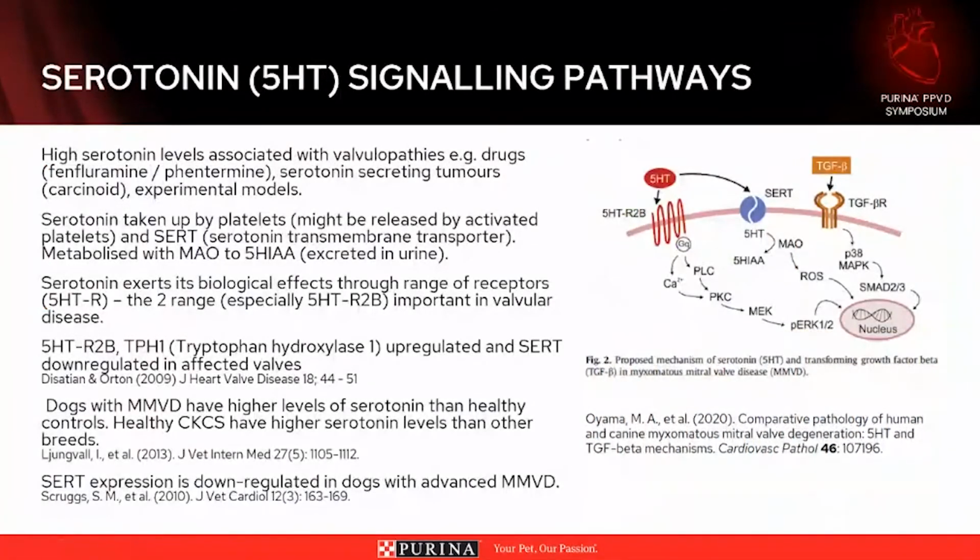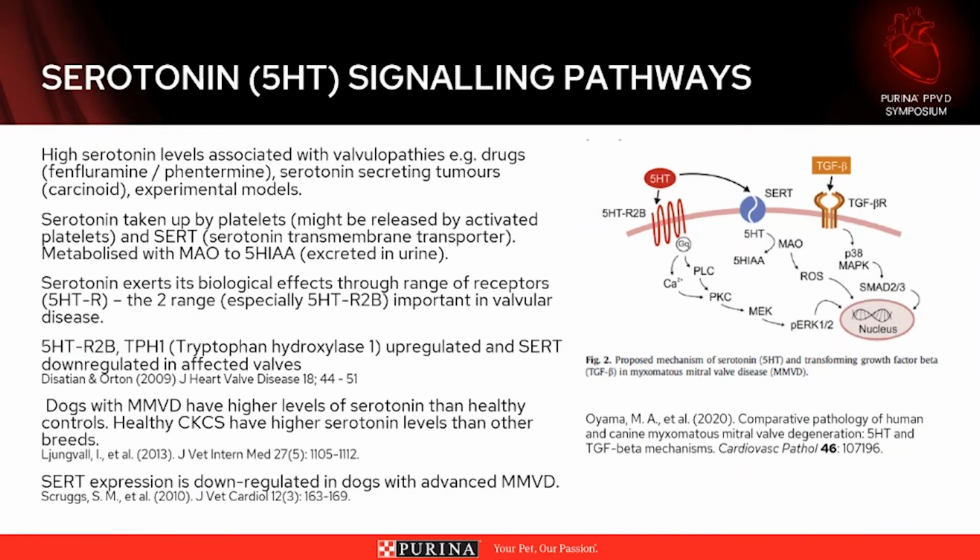So to think a little bit more, there's been a very nice review by Mark Oyama comparing the 5-HT and TGF-beta mechanisms recently, but we have evidence for serotonin. If you have high serotonin levels, we have the serotonin syndrome, and that can cause valve disease, typically right-sided heart disease, or right-sided valve disease in people.